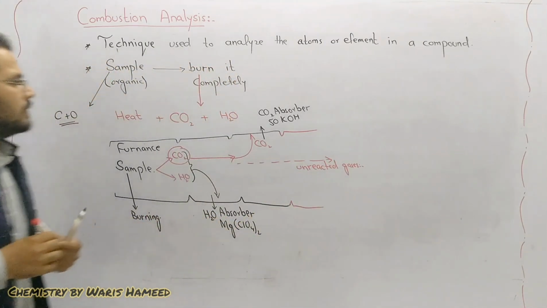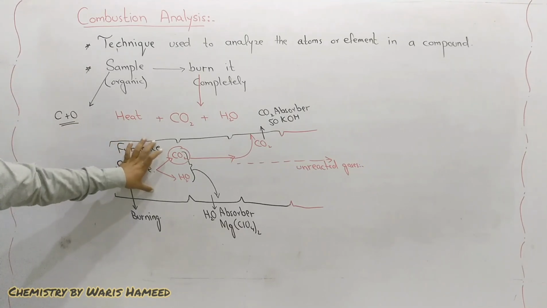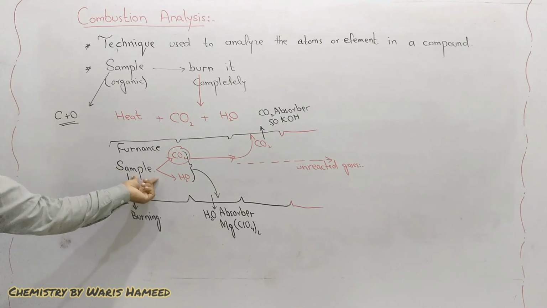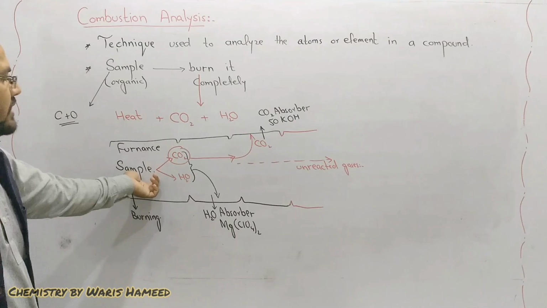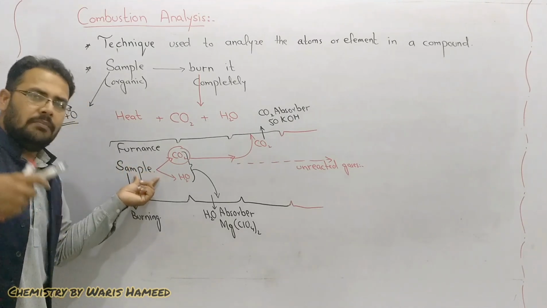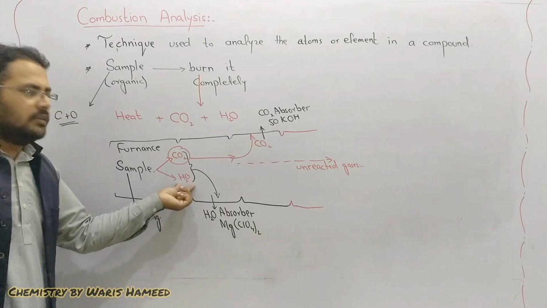Again, we have a furnace where we have taken the sample and start burning it in an excess amount of oxygen. When the sample burns, there is the formation of carbon dioxide and water.